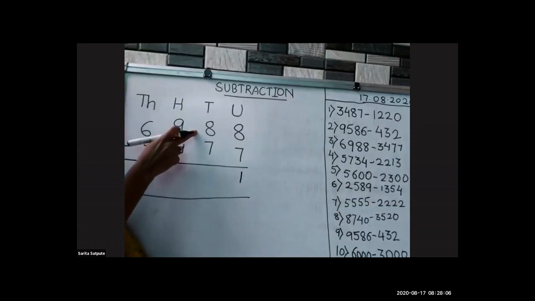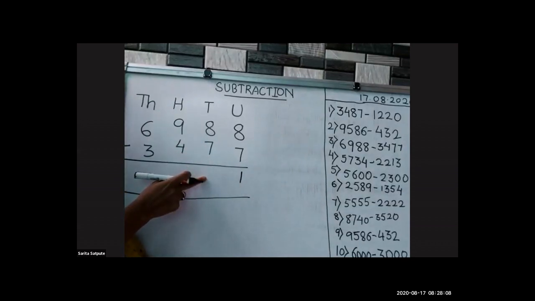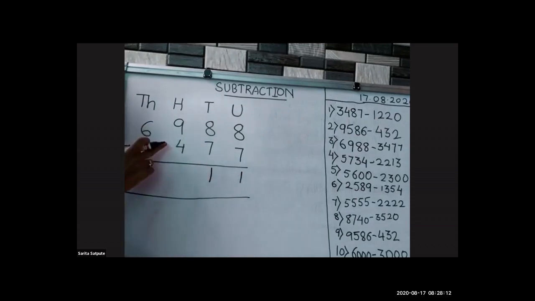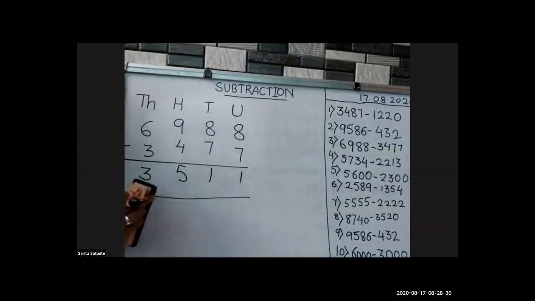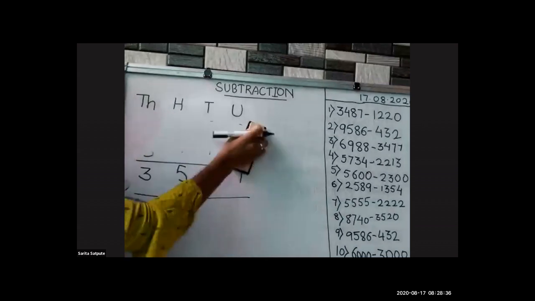Again there is 8 minus 7, 1. Very good. 9 minus 4, 5. Very good. And 6 minus 3, 3. Very good. So the answer is 3511. Very good, students. Some of the students are giving the answers in the chat section, those who are not getting the chance. Very good, students.